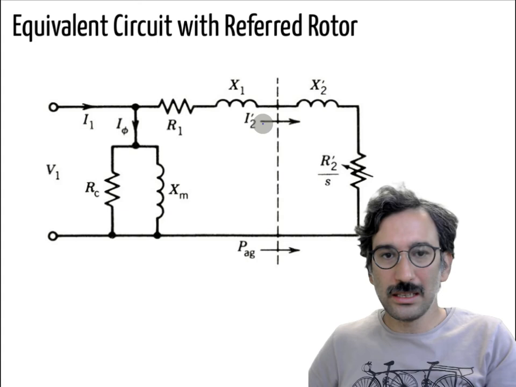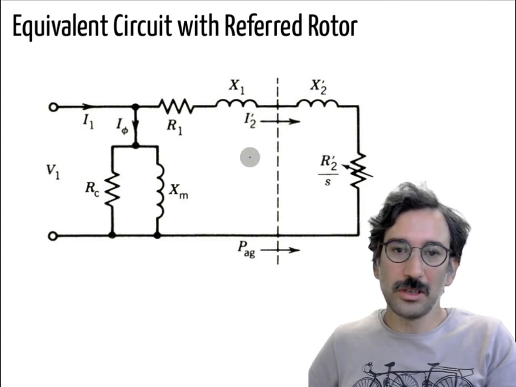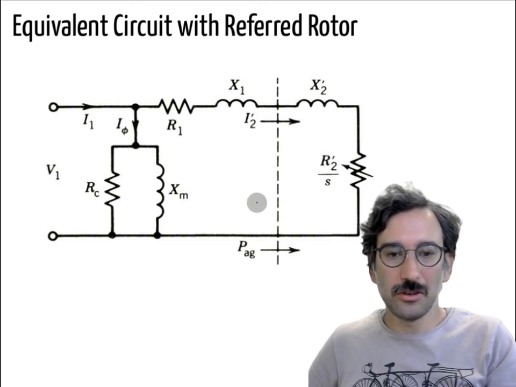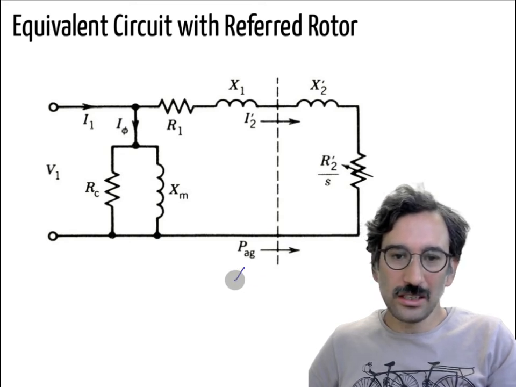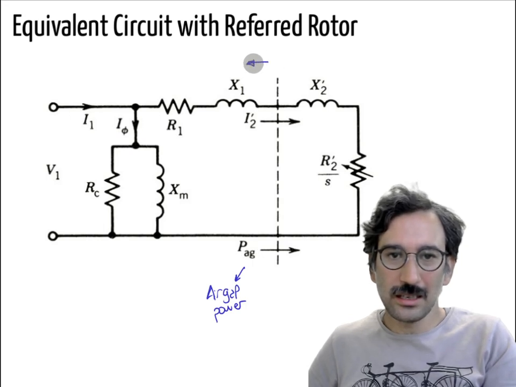Again, the current here can be, like in the transformer, written as I2 prime. Prime is for referred, and P_AG here is air gap power. That side is our stator, and that side is our rotor.